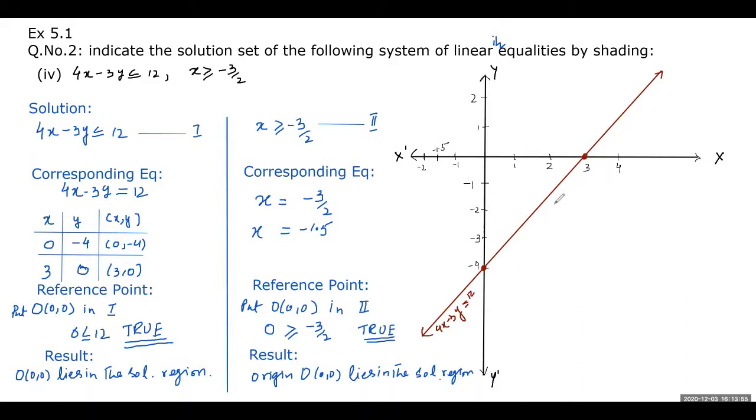You can see this line has divided the whole graph paper into two regions, one on this side, the other on this side, and the origin O lies on this side. The origin lies in the solution region. It means this region is the solution region. So we will mark an arrow here, telling us that the solution region lies on this side.